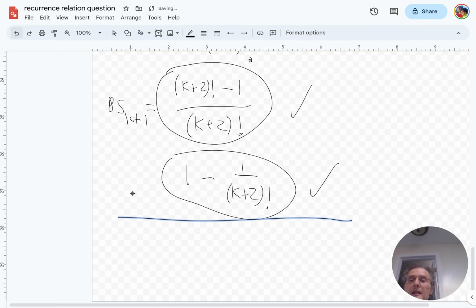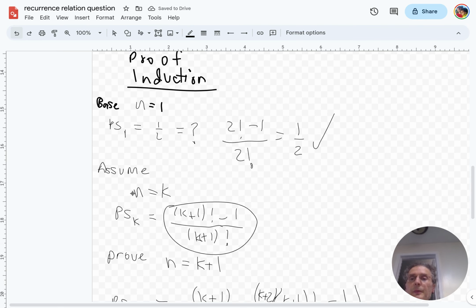So let's say that in the limit, the partial sum as n goes to infinity of 1 minus 1 over, how did we write it in the problem?